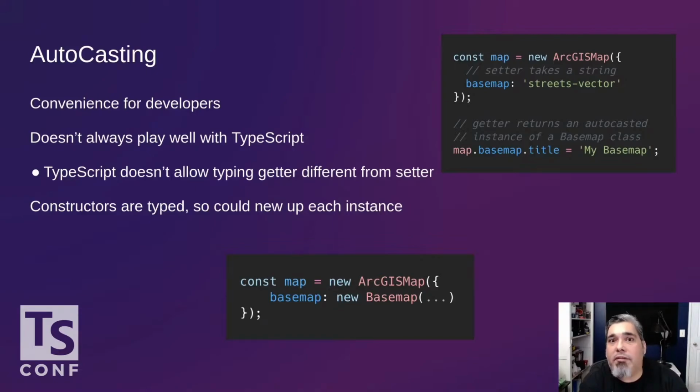You can get around this by going ahead and newing up everything that's a class instance that is going to be part of the properties. So I can say basemap is equal to new Basemap. That would solve some of the issues. TypeScript doesn't complain about this one in this case, but it does happen once in a while in the API, and that's kind of how you can get around it. Our constructors are typed, so this is why I new up each instance of properties that need that in the API.